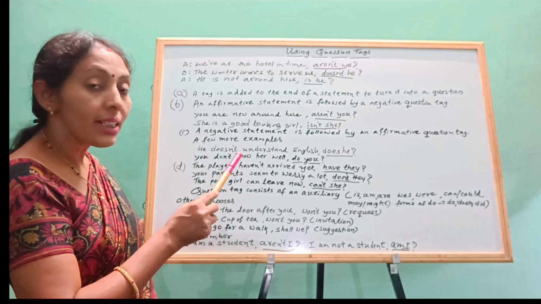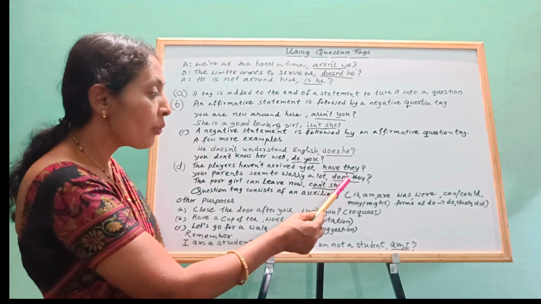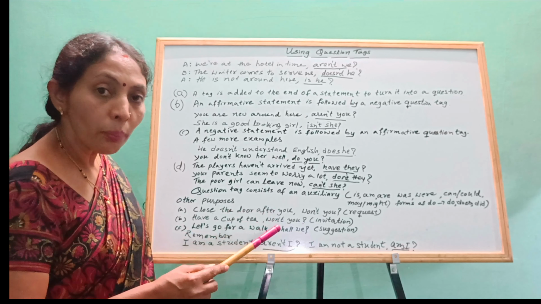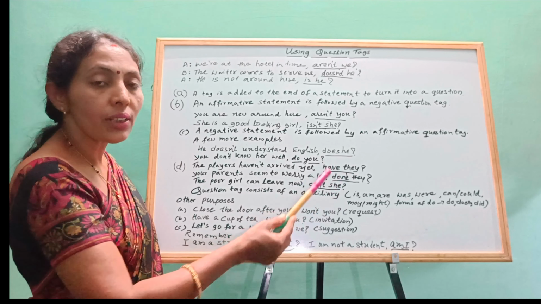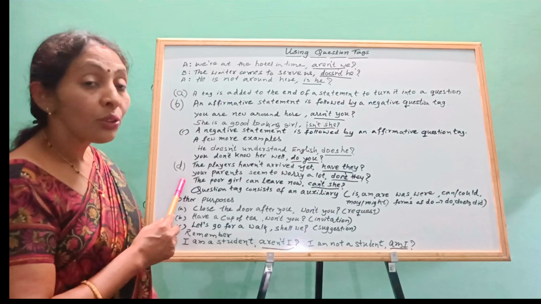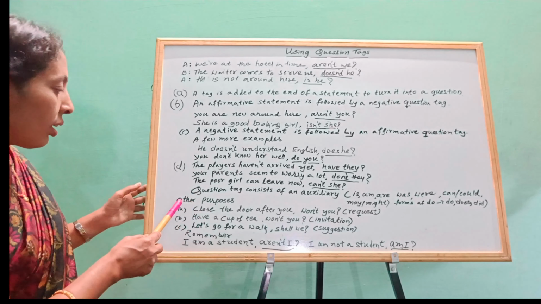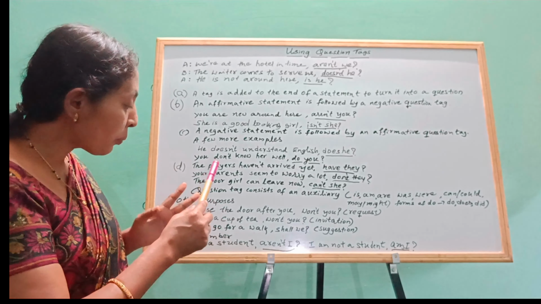Your parents is a noun phrase. Its corresponding pronoun is they. The poor girl is a noun phrase. Its corresponding pronoun is she. Yes, you have understood this one also. Now, let's move on to the other purposes.